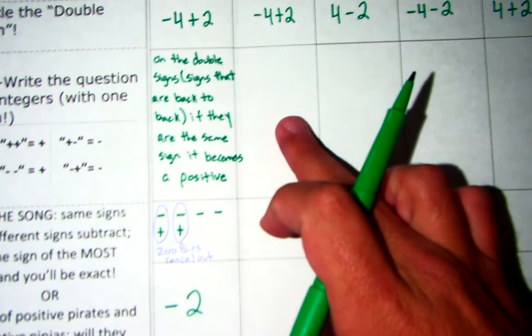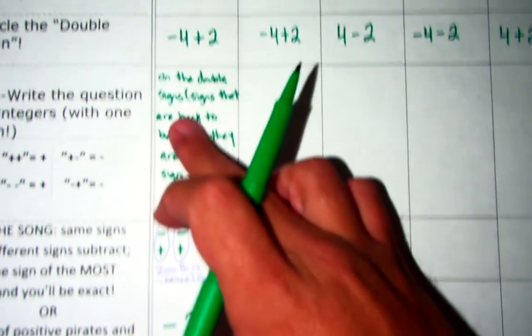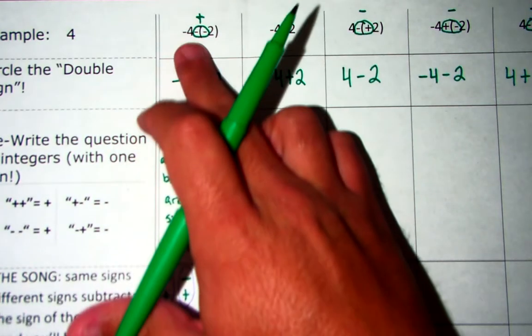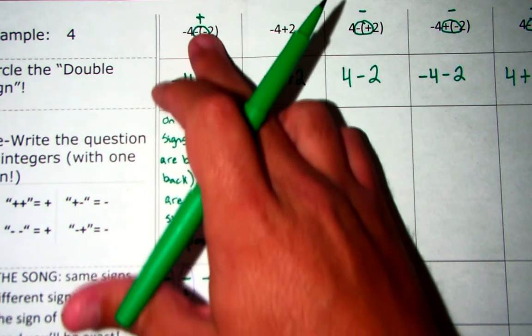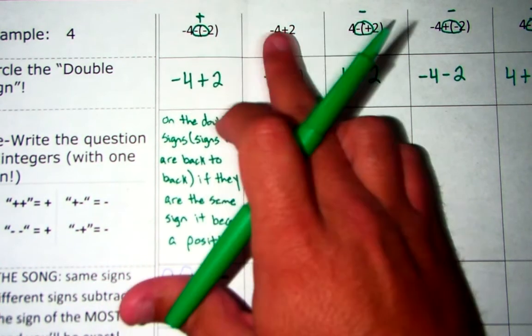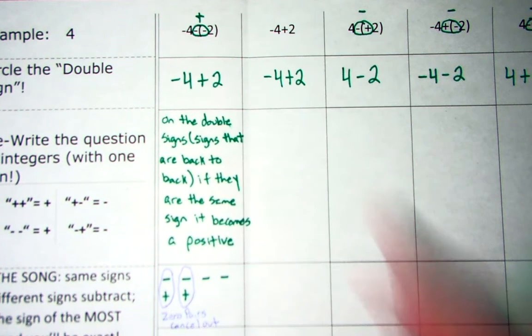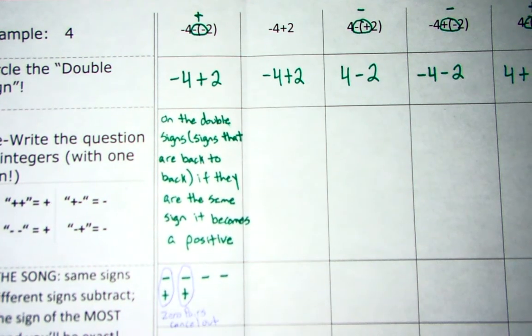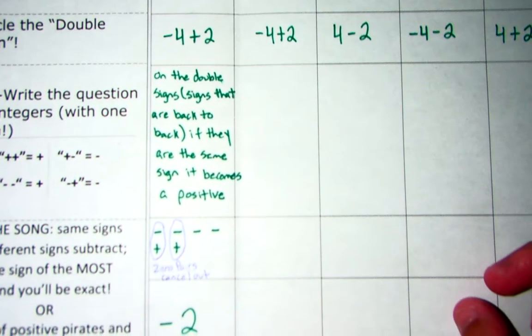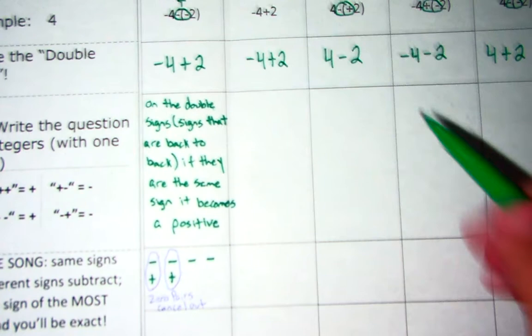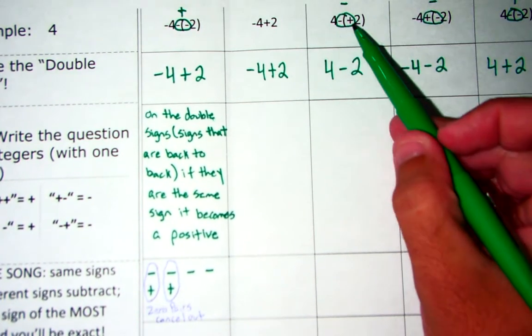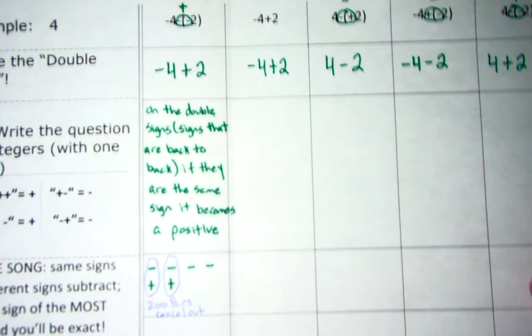Now, this next example is literally the same example as over here. We were just trying to show you how the double sign turns into a positive. So they look like different expressions, but in reality, they're the same expression, just written differently. Okay. The next example, we had the two different signs, so it became a negative.